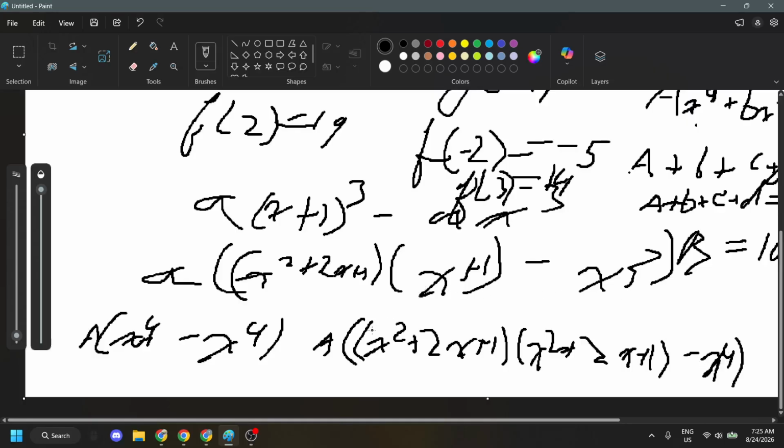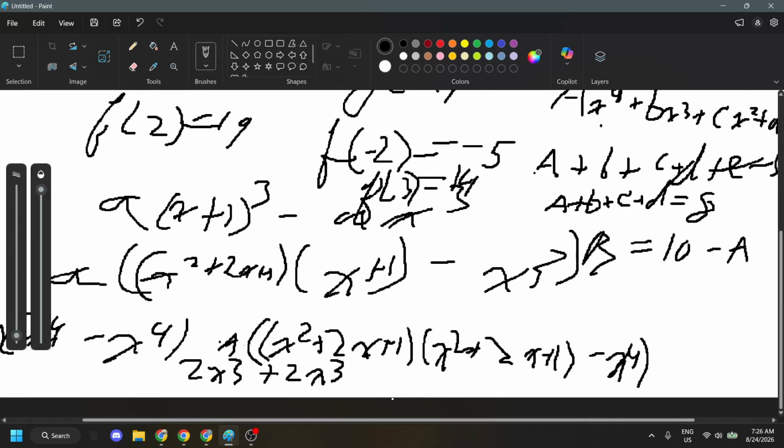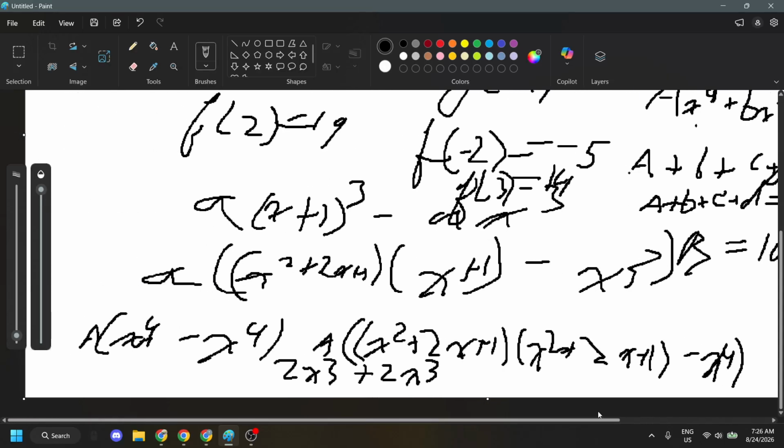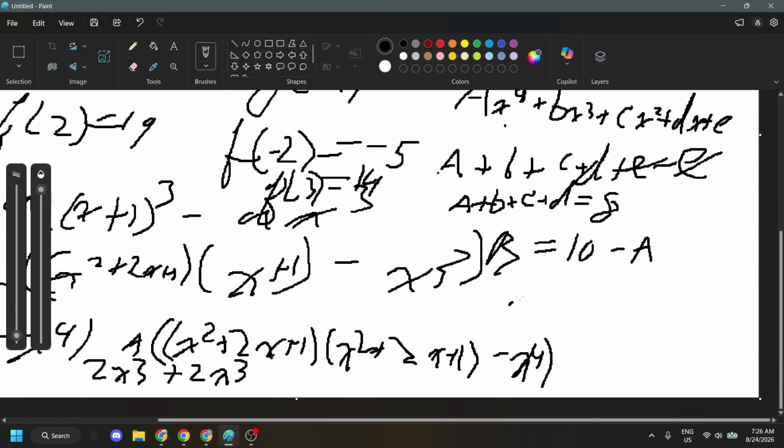The only x cubed terms here are 2x cubed plus 2x cubed. So 4x cubed, and then minus x to the 4, which isn't anything. So 4x cubed, so a is equal to 1/4.